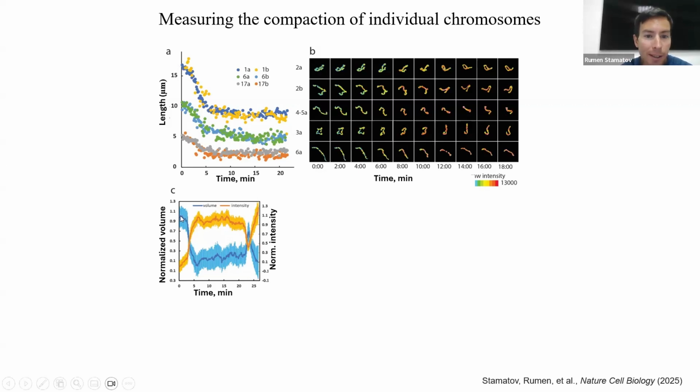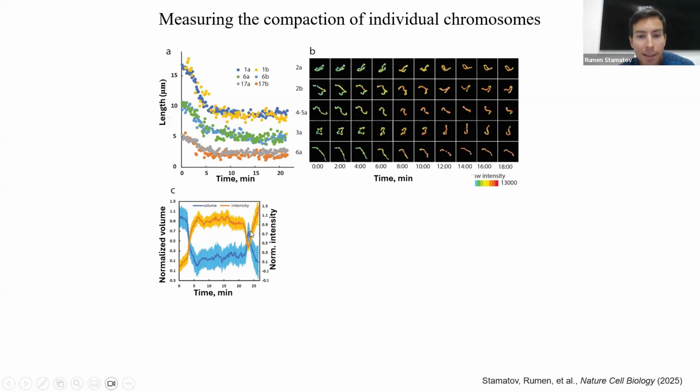So the blue curve here on C is the volume and the yellow is the intensity. Of course, they're anti-correlated because, like we said, smaller volume corresponds to brighter chromosomes. So what we see initially is that there is condensation, obviously, in prometaphase. Then there is some leveling of this curve in metaphase.